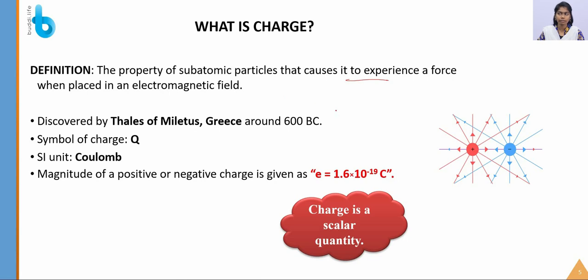Okay, for example, if I am keeping a particle in an electromagnetic field, it experiences a force, so that it produces some field around it. Okay, so this is known as charge. The charge may be either positive or negative. So let's see what the types of charge are.